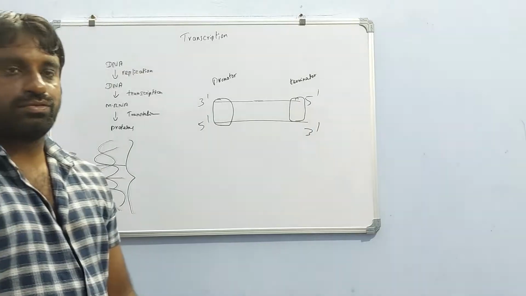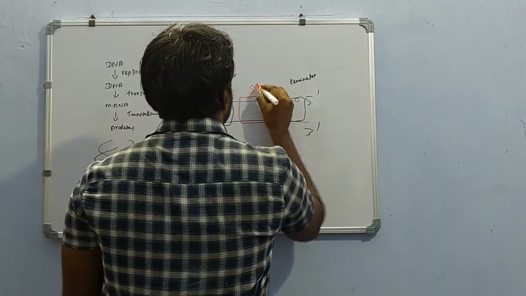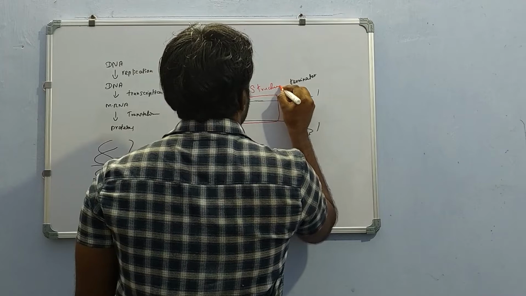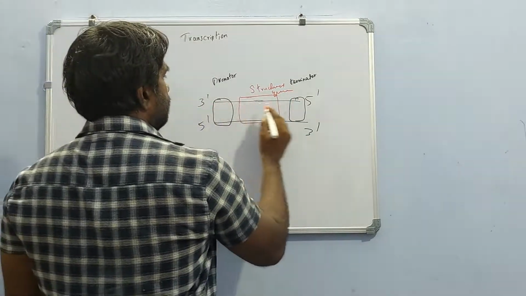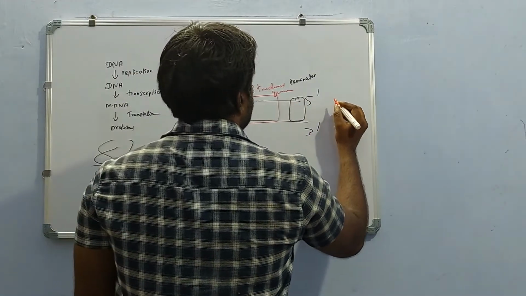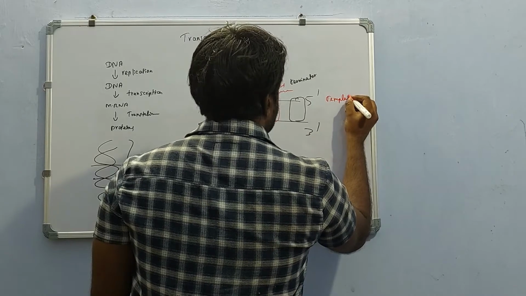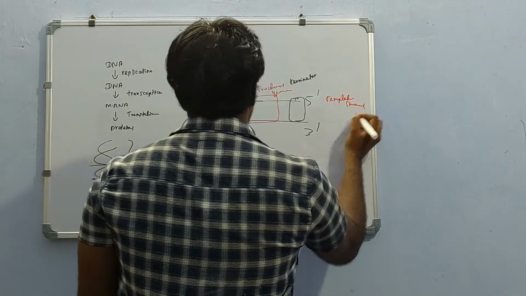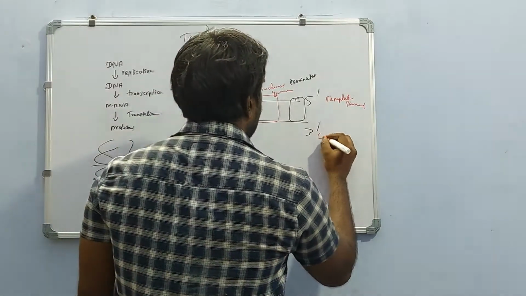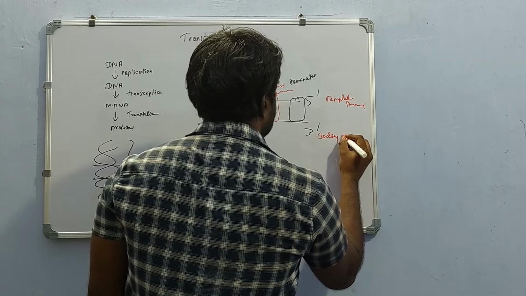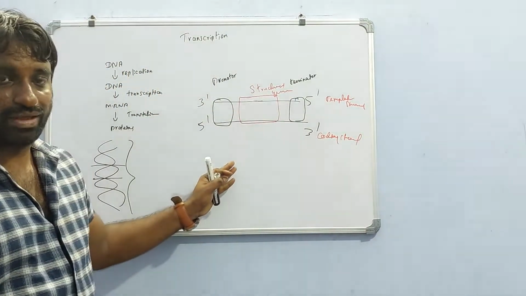In between them is the structural gene. What is in the 3'-5' strand is called the template strand, whereas the 5'-3' strand is called the coding strand. This is the basic structure of a transcriptional unit.